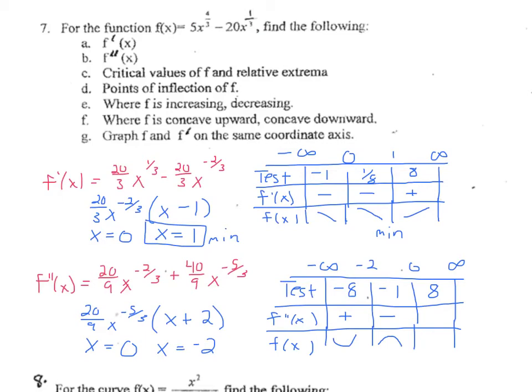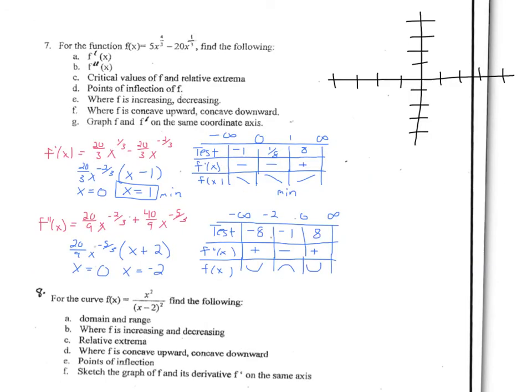And if I plug in 8, I will get a positive and a positive, so I'll be concave up. So I think I've answered all the questions, and now it's time to graph f and f prime on the same coordinate axis.